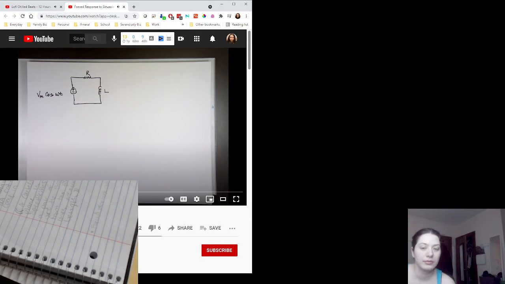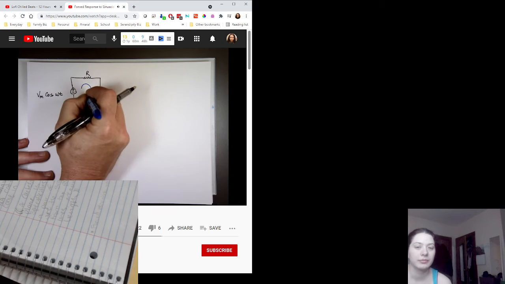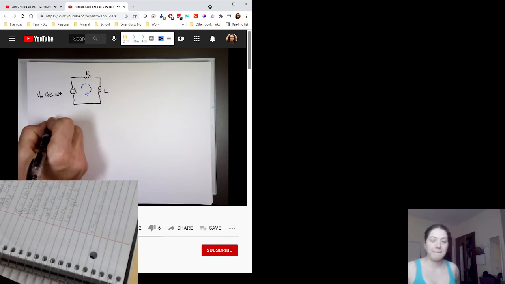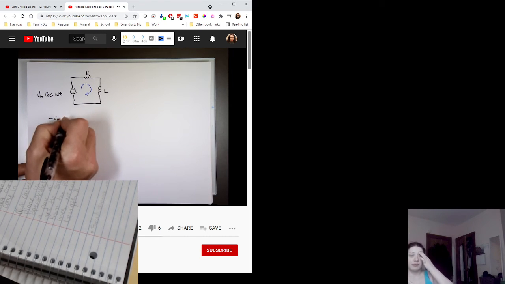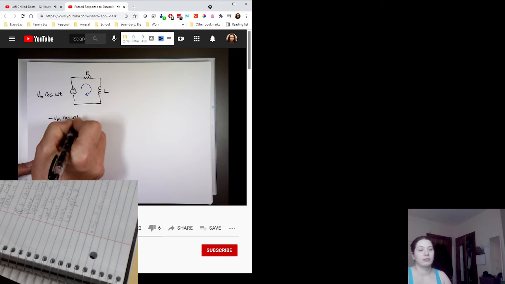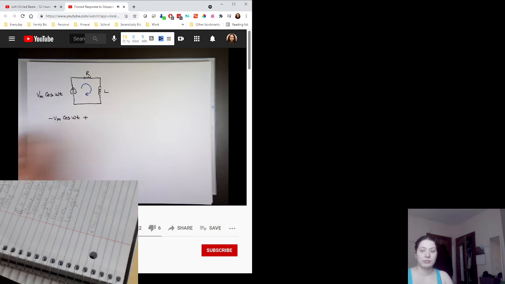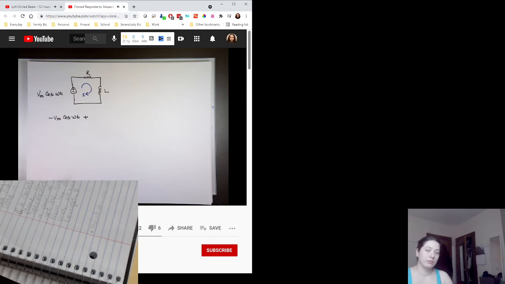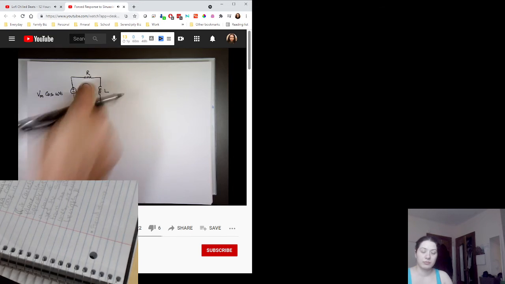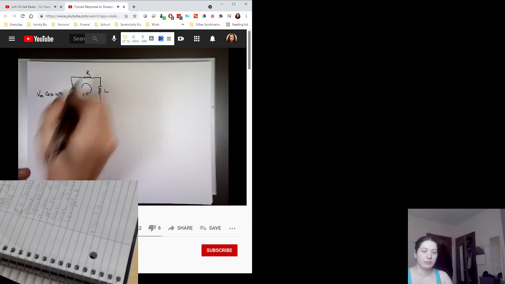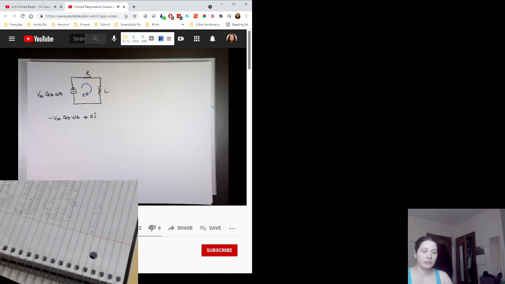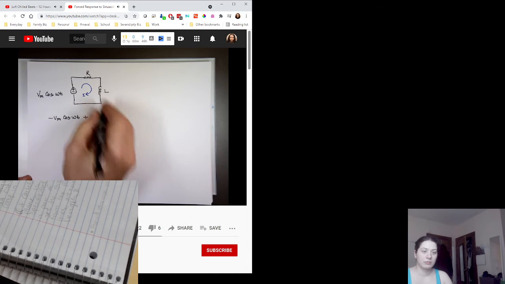More challenging. If I do KVL here, Kirchhoff voltage law says sum of the voltage in a closed loop is 0. So negative Vm cosine Wt plus, this is I here, the voltage here will be R times I. The voltage here will be what?